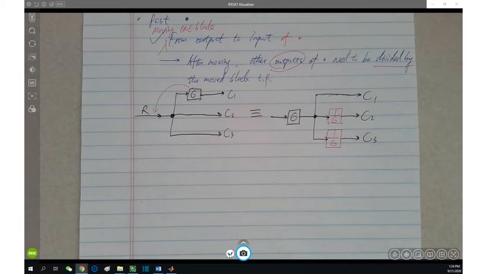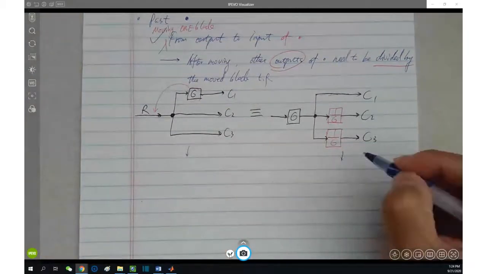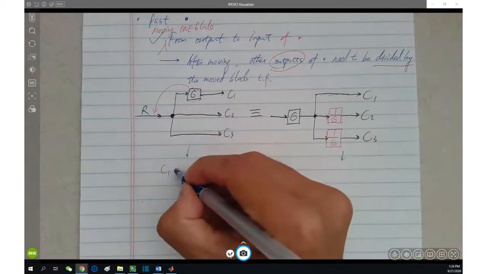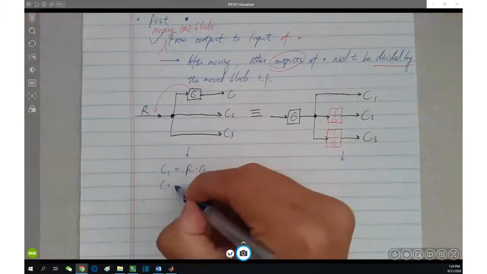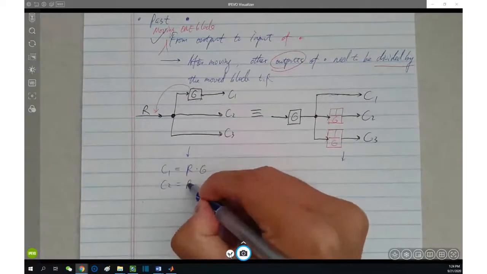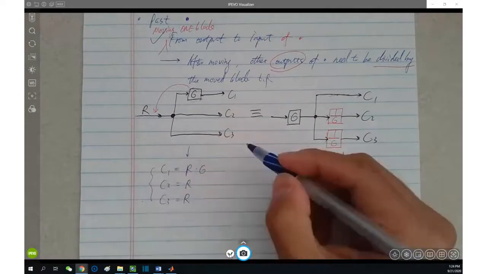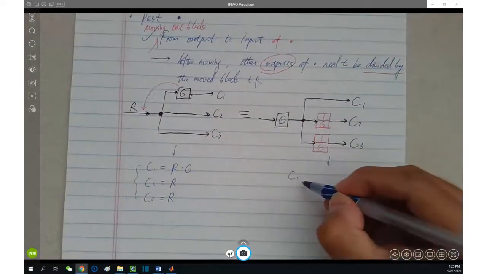And we can do a little bit of proof here. Let's see, C1 equals R times G, C2 equals R, C3 equals R. Does it make sense? 3 outputs. In this case, C1 equals what?